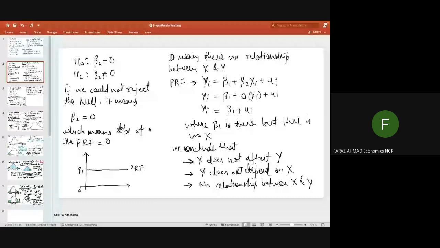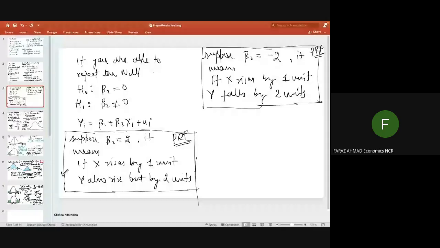One more point to be added here: if you are able to reject the null, I'm underlining it, it means your results are significant.